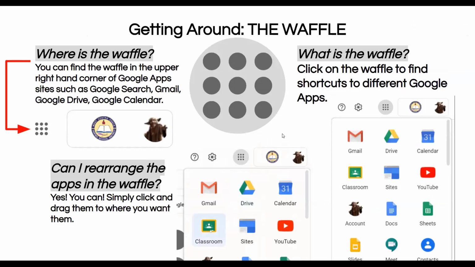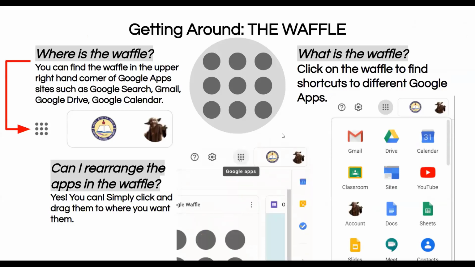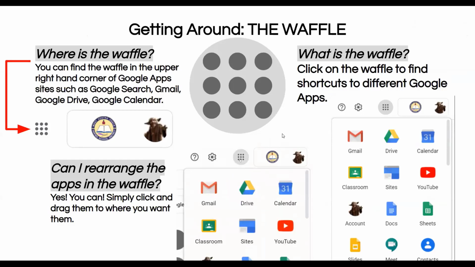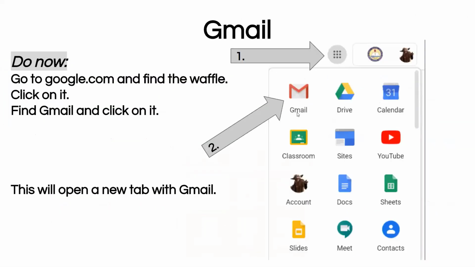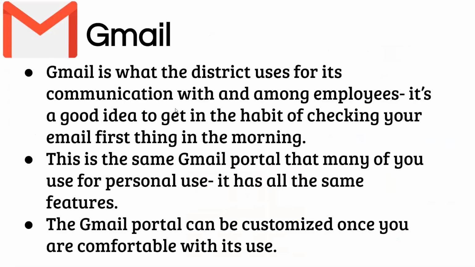Like I said, you're going to use 2 fingers, 1 finger to click and hold down the mouse pad, and the other to actually move things around. So one of the things that you can get to is Gmail through the waffle. This is for you later when you're practicing, to give you an idea of how to get into Gmail.